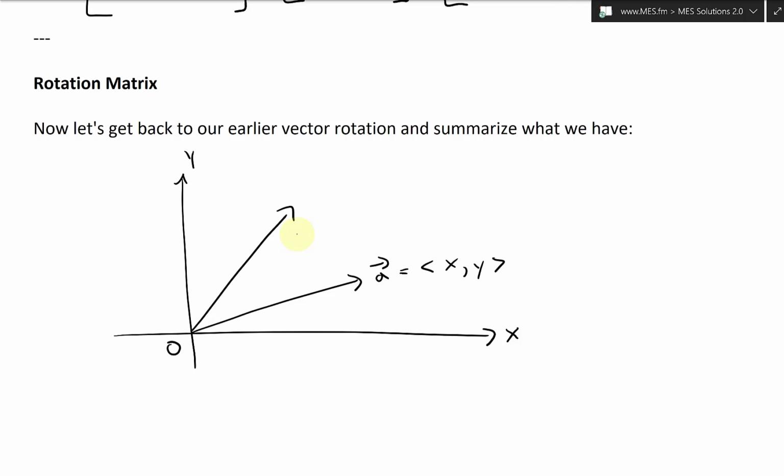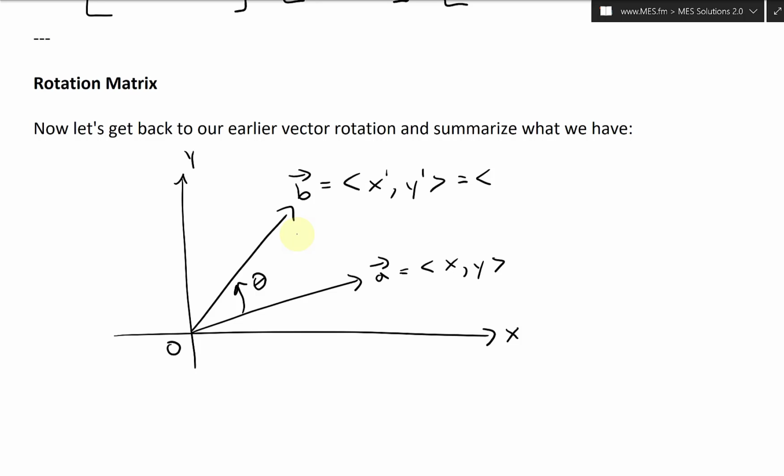So we rotated it by an angle theta. We rotated counterclockwise, so we'll have the angle, the vector B with components x prime, y prime.